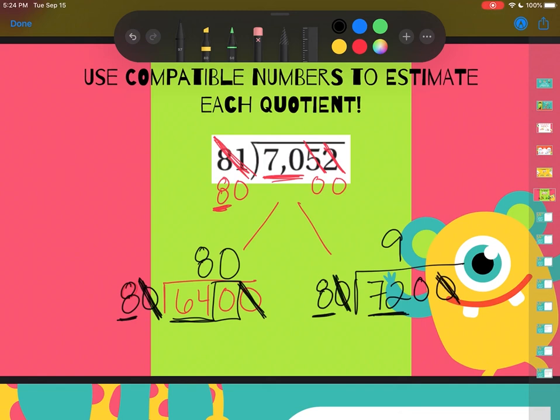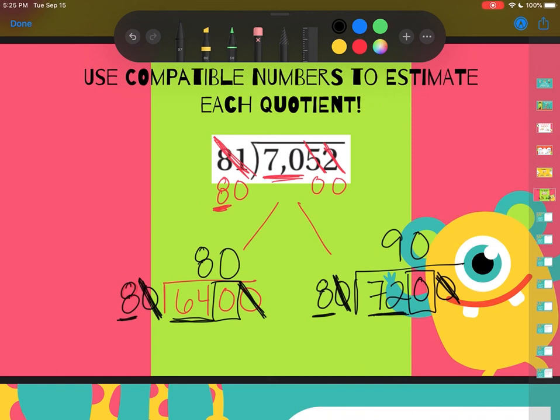They cancel out in pairs across the different numbers when I'm dividing. So the 0 in 80 canceled out one of the zeros in 7,200, leaving me with 1 zero left that's going to float into my answer. So I end up with 7,200 divided by 80 is equal to 90.